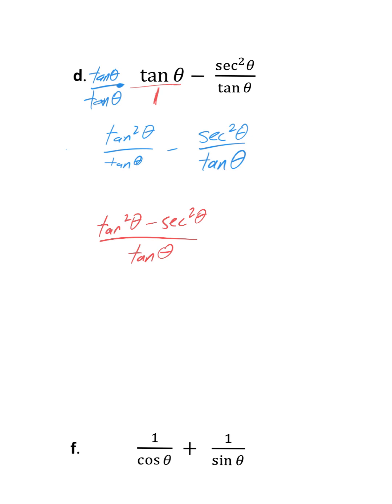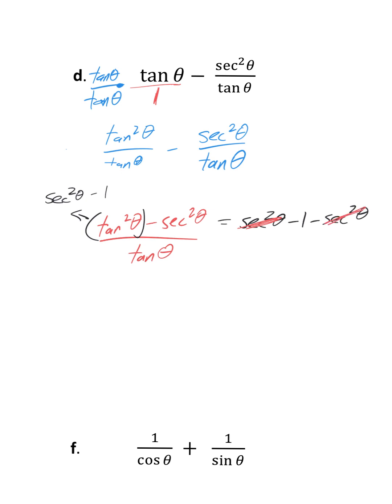I know that tangent squared can be replaced with secant squared theta minus 1. So now this top part, secant squared theta minus 1 minus secant squared theta. Okay, what can I cancel out from here now? That's right, these two secant squareds can cancel each other out.